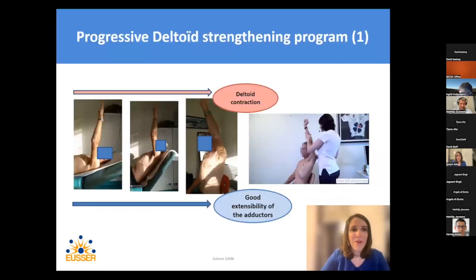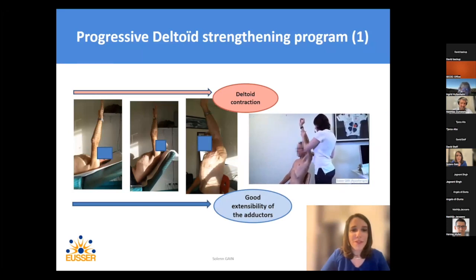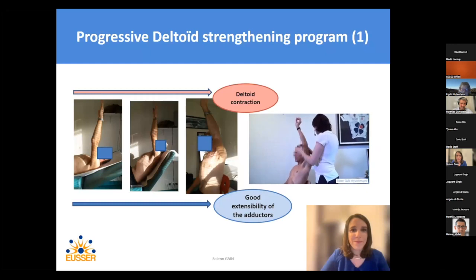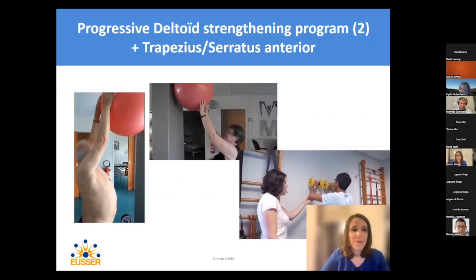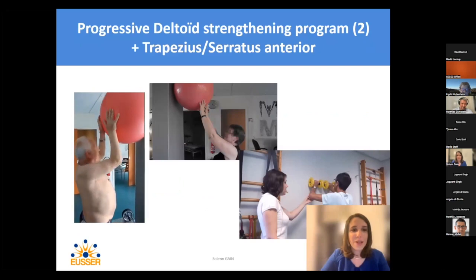This is an example for the progressive deltoid strengthening program. And this is the first step of the program. This is place and hold in high position. Then the patient can do other exercises like arm-supported exercises.